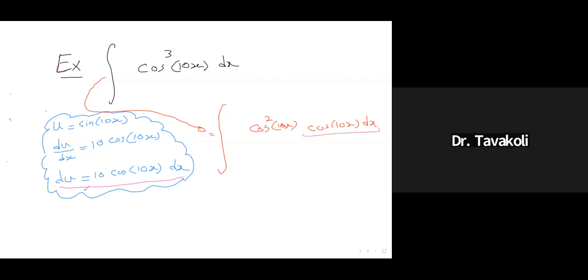If here I divide both sides by 10, du over 10 is cosine of 10x dx. So this part in the integral is just du over 10.